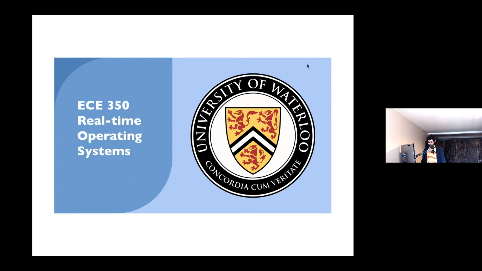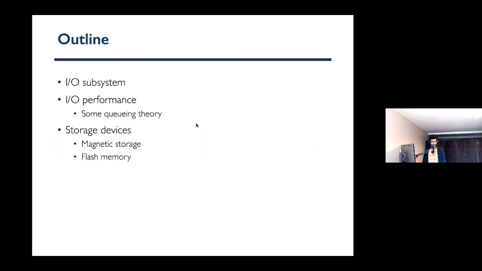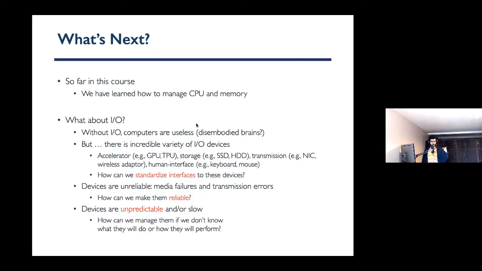Okay, so the next topic that we're gonna look at is the I/O subsystem, storage devices. So we looked at CPU, we looked at memory, and next in line is I/O. Because without I/O, our systems are basically useless. You have a brain, but you don't have any hands and legs, actuators.